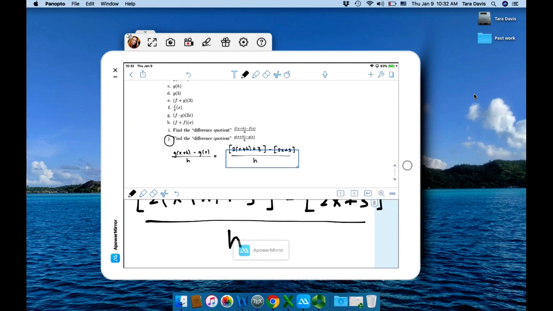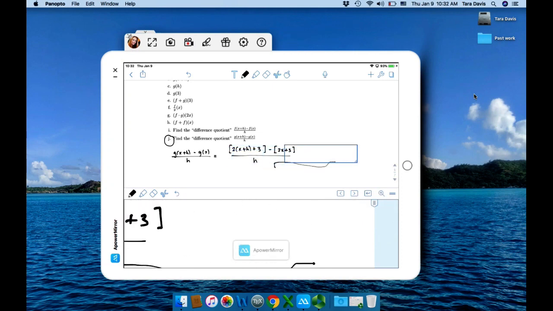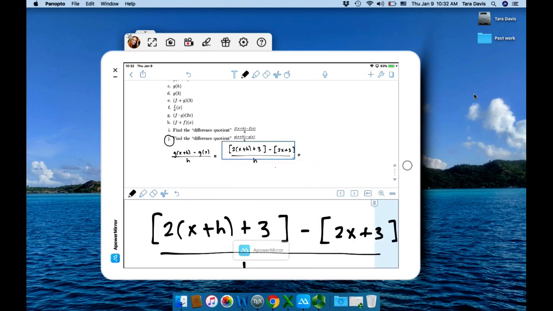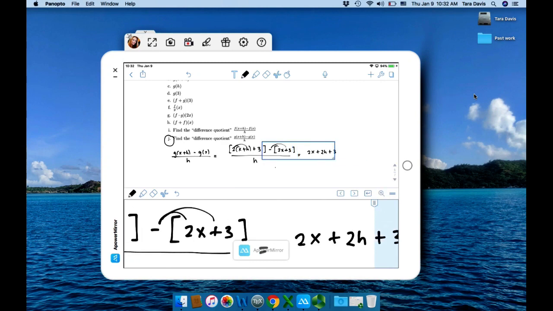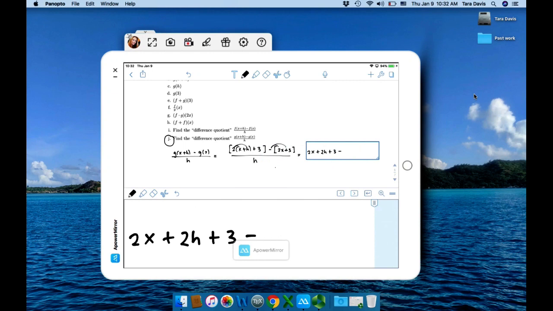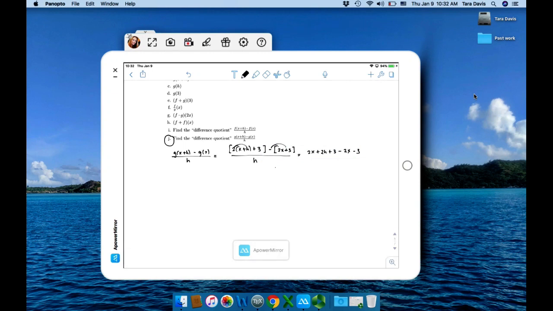Okay, so let's simplify a little bit. So this is going to be, when I take the 2 and distribute it here, I would have 2x plus 2h plus 3. And then when I take the minus and distribute, I will have minus 2x minus 3, and it's still all over h.